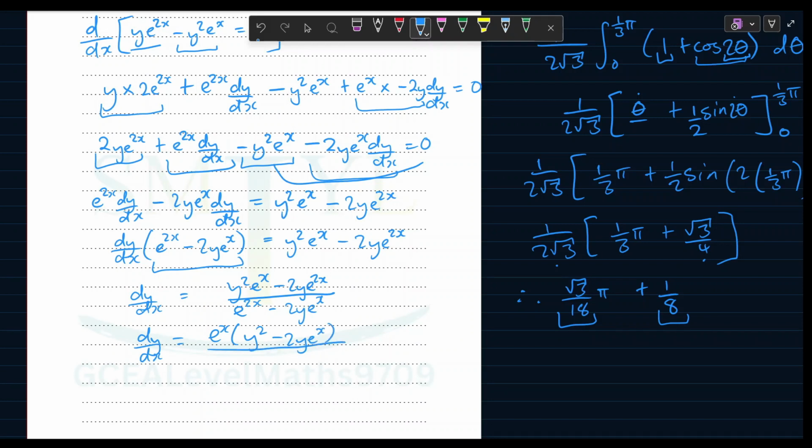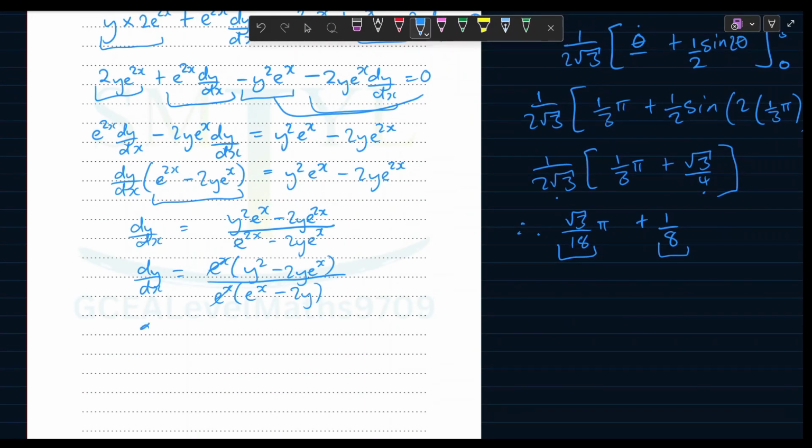And then in the denominator, if you factor out e to the x, that is e to the x minus 2y. So it would then end up cancelling out, so that our dy dx is equal to y squared minus 2y e to the x, over e to the x minus 2y.